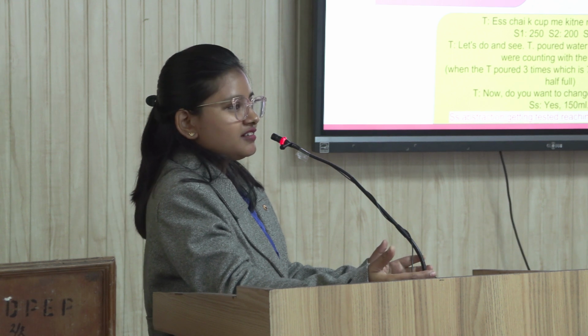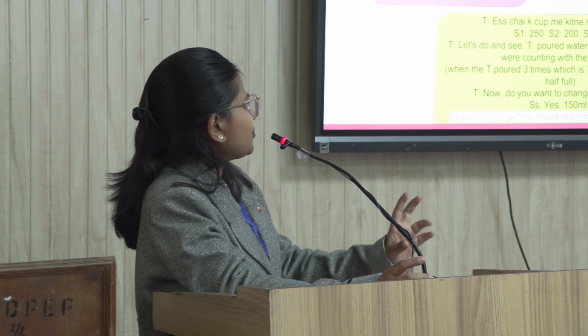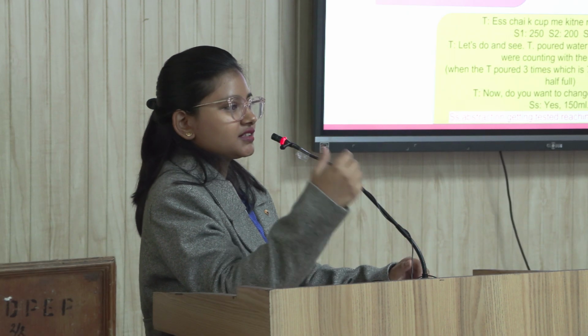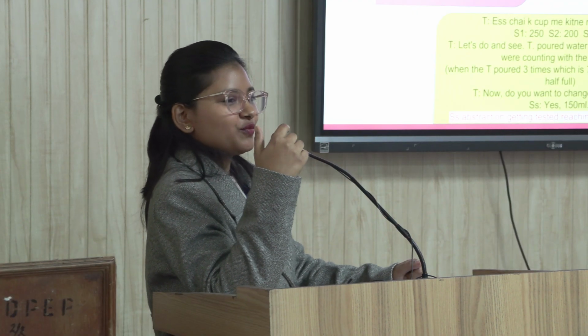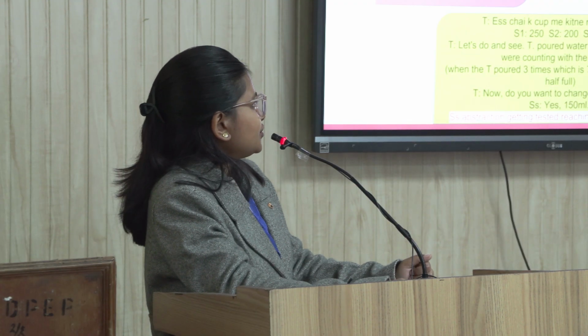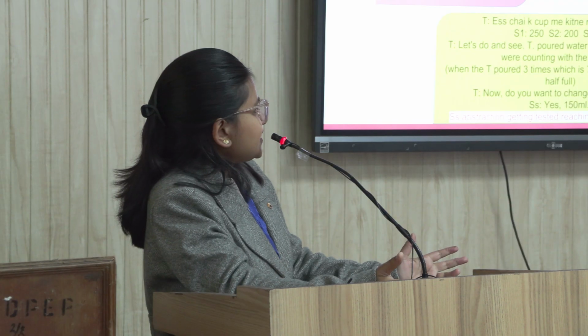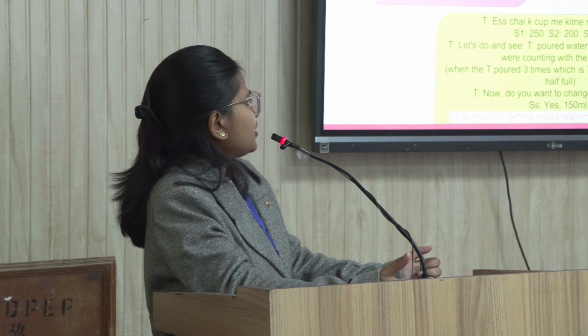Now, in another activity-based classroom, we had a cup, and it was empty. I asked the students how much water will fill in here. The students said 250 milliliter, 200 milliliter, 130 milliliter, and it was random.